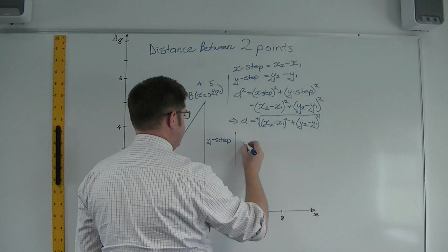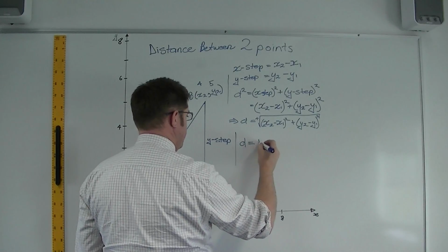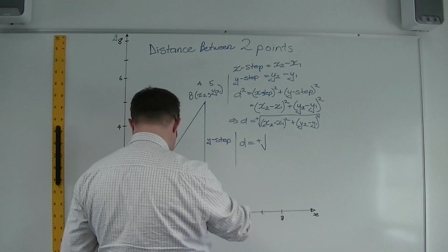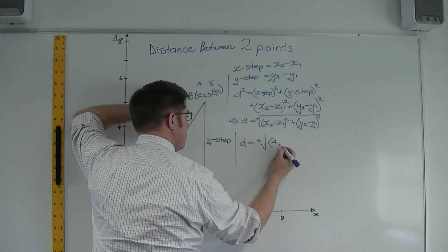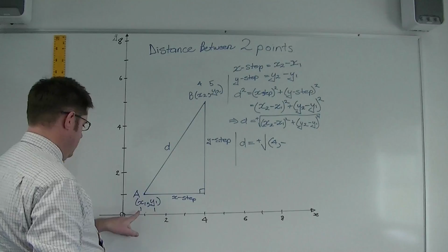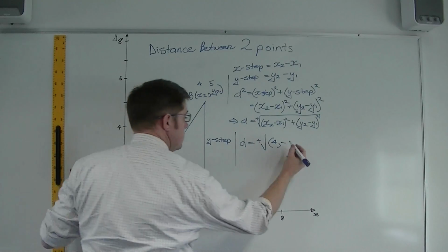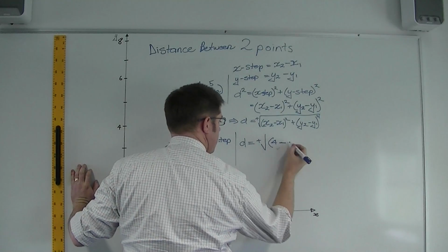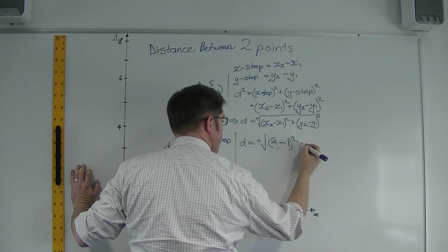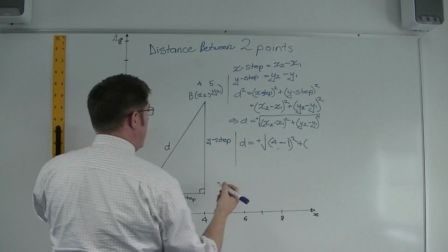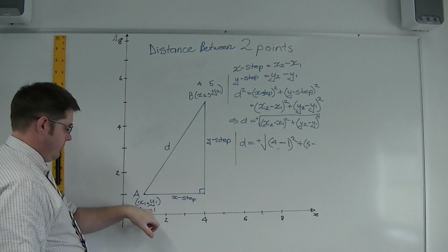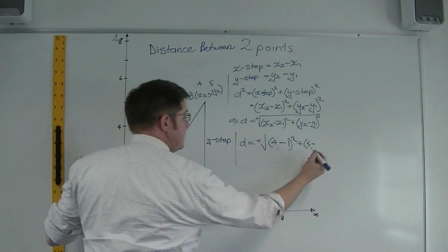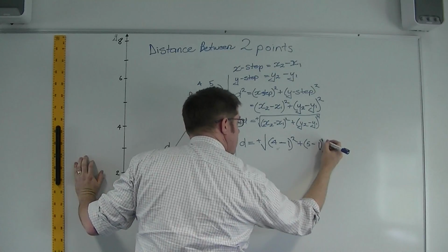So here I could say that d equals the positive square root of our x2 value, which is 4, minus our x1 value, which is 1, so 4 minus 1 all squared, plus y2 value, which is 5, minus our y1 value, which is over here, which is 1, all squared.